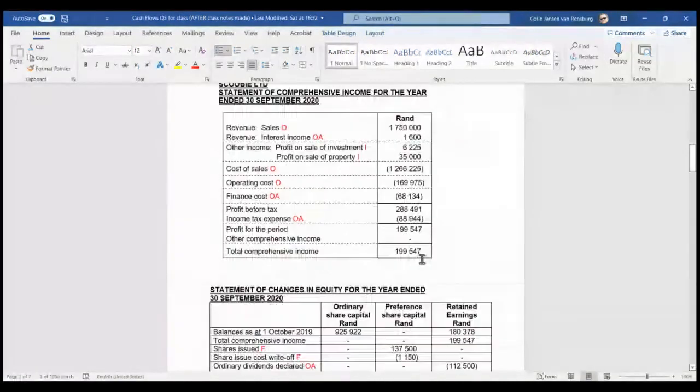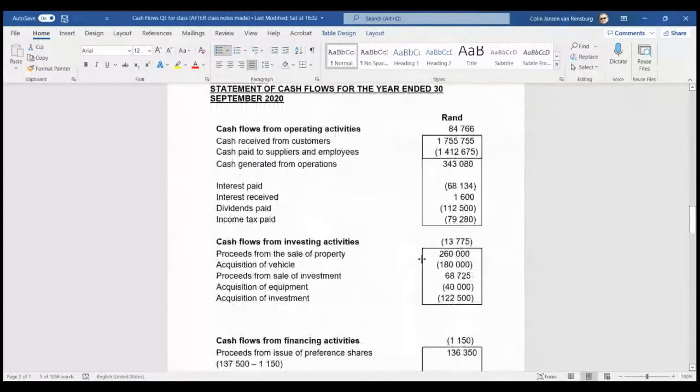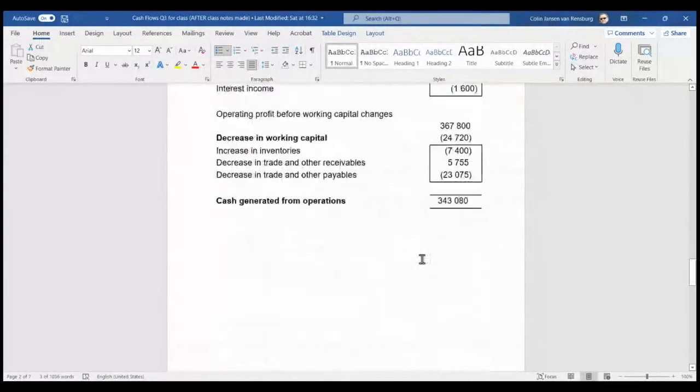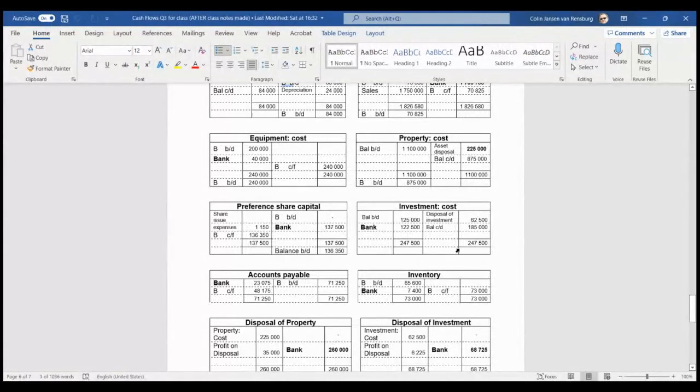And now we can reconstruct that account. So let us go down to our various general ledger reconstructions. We are now looking for investments, ladies and gents. So there we go. We've got 125,000 at the beginning of the year. We've got, what was it, 185,000 at the end of the year. Let me just add that.